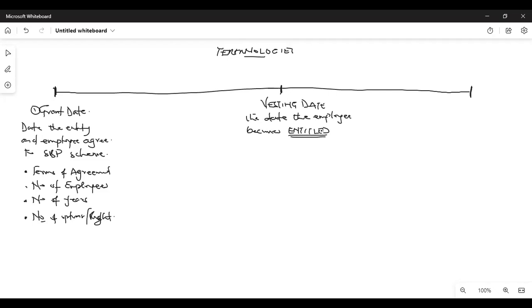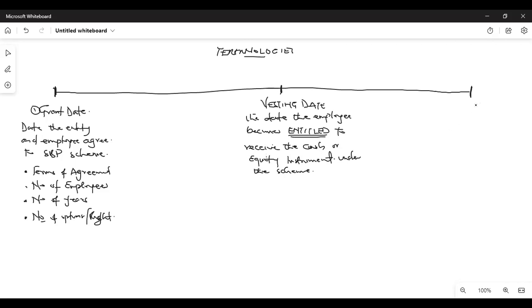Becomes entitled to receive the cash. If it is cash-based payment, then this is the date he will receive the cash. Or if it is equity instrument, the date the employee exercises the options to the equity instrument. All right, so the date you receive the cash or the equity instrument under the agreement. That is the entitlement date.